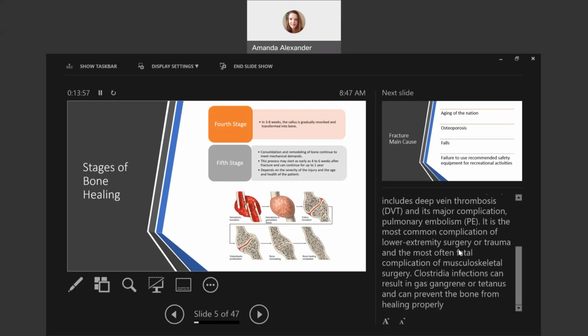You want to check for capillary refill and make sure that it's less than 3 seconds. And you want to consider the color and temperature of the extremity. So you're looking for, is it cool and pallor? Does it have a pulse? And are they complaining of pain and tingling? If this is the case, you may have a problem with the fracture site.